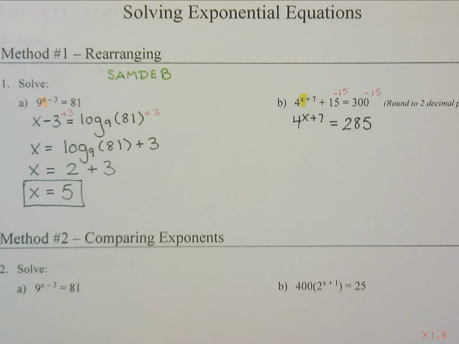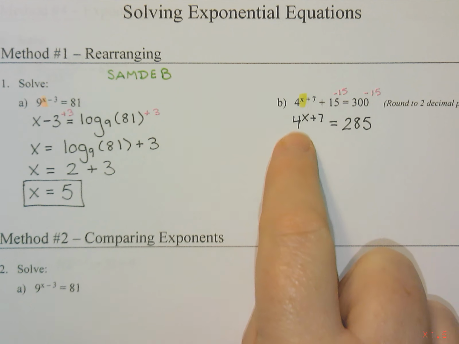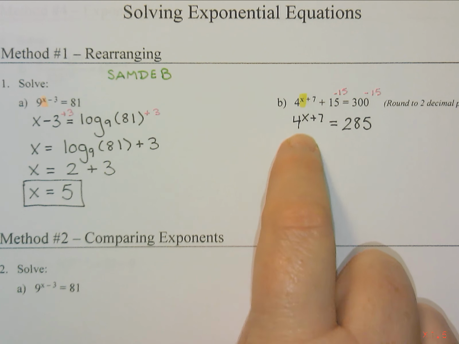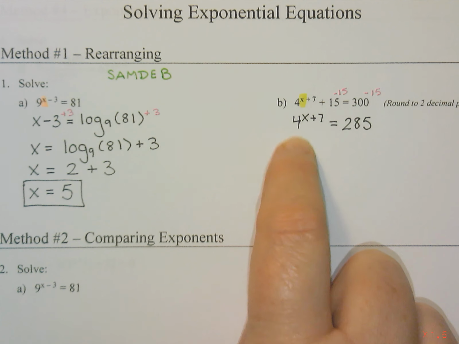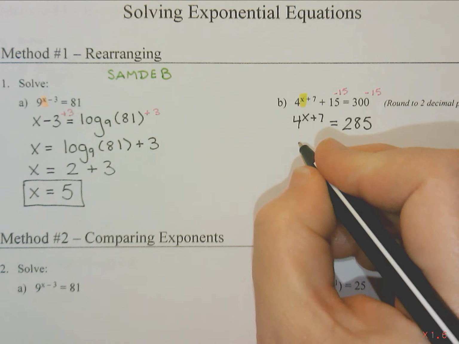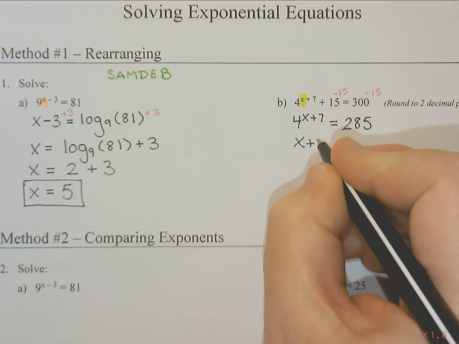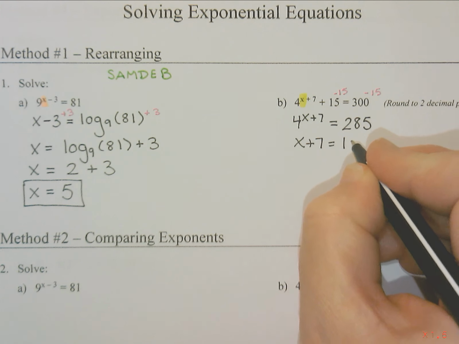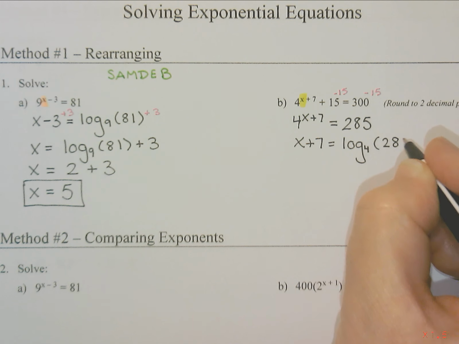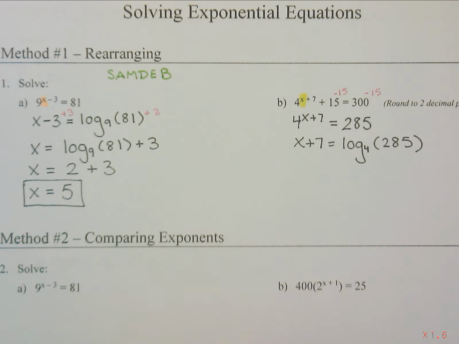Okay. From there, I need to deal with that base of 4. So anytime we're trying to get rid of an exponent's base, we do a log of the same base on the other side. So this would be x plus 7 equals log base 4 of 285. Okay, unfortunately, 285 is not a nice power of 4.